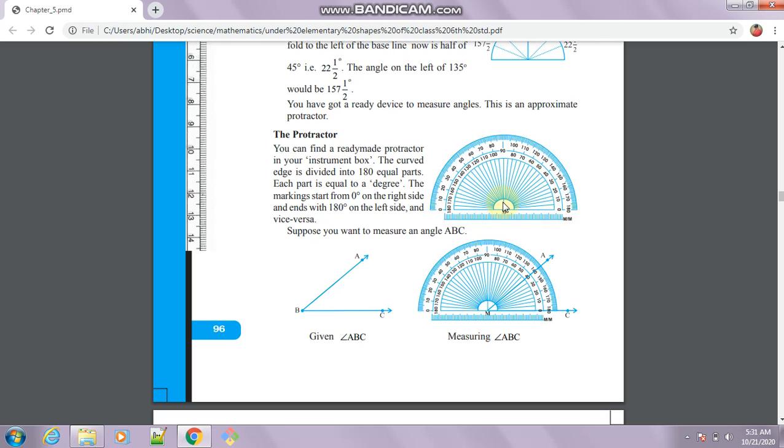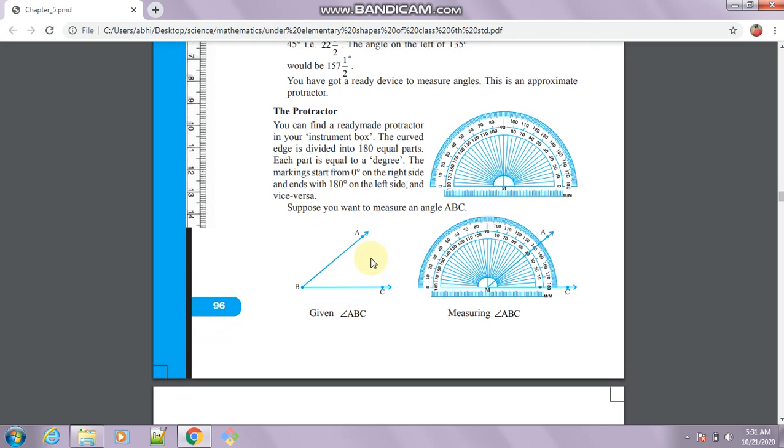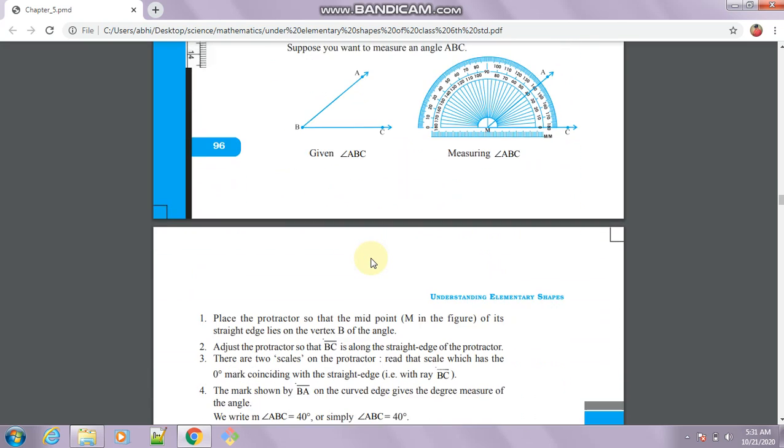If you draw the line, you have to place the protractor at the middle. So, you have to start from here. Clear? This is the way of measuring with the protractor. I'll send this video for you on how to measure with the protractor.